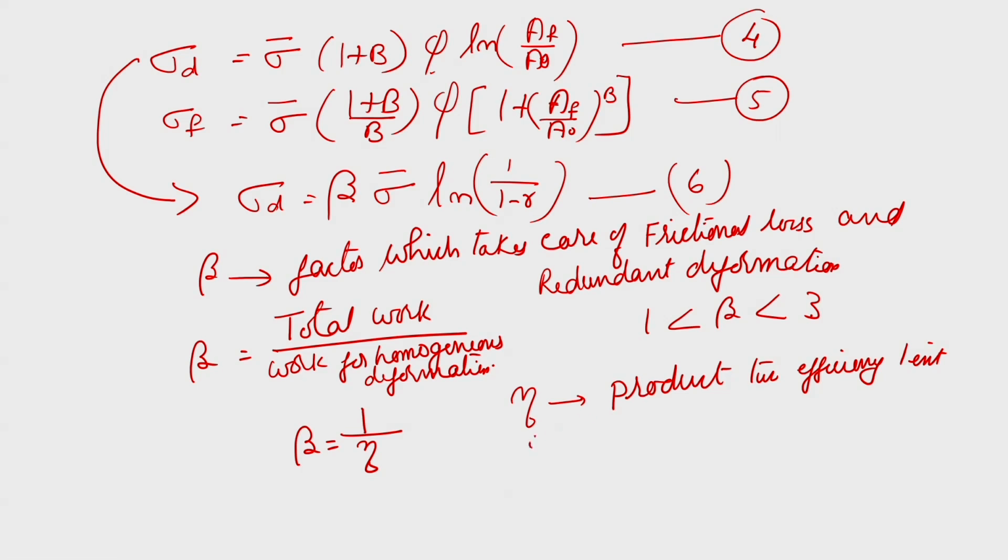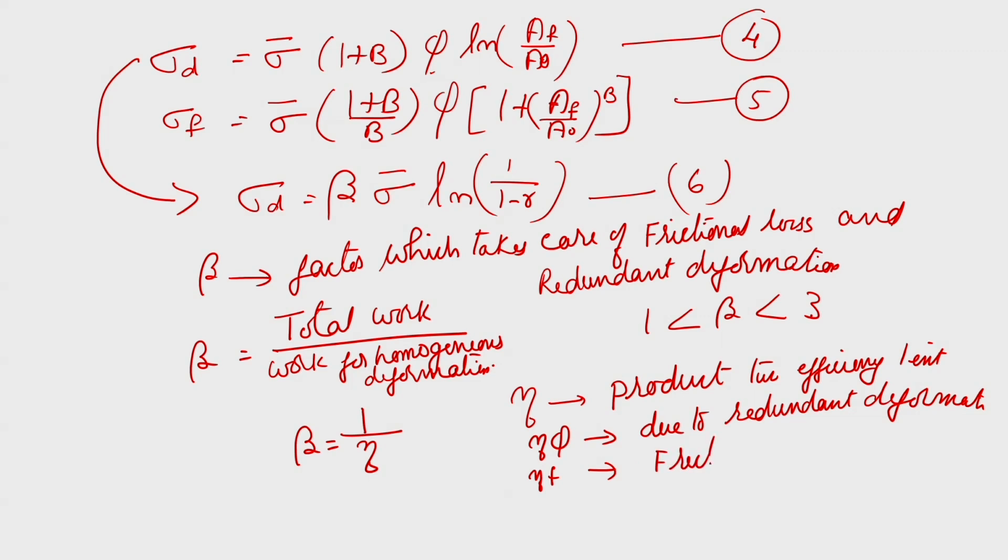One is eta phi due to redundant deformation, and the other is eta f due to frictional loss at the die workpiece interface. Okay. So, that is how this beta is termed.